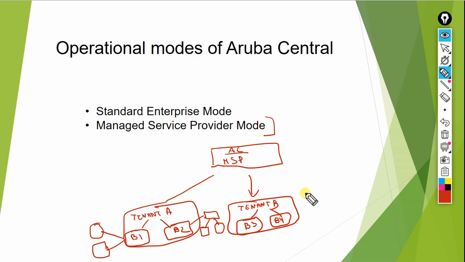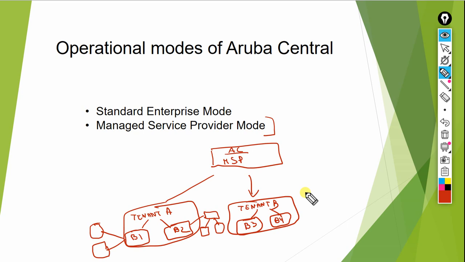By the word tenant, this means you can provision tenant accounts, allocate devices and licenses, and monitor these tenant accounts and their networks, depending on which devices or branches you want to put in which tenant.